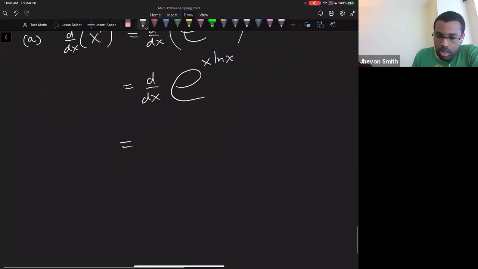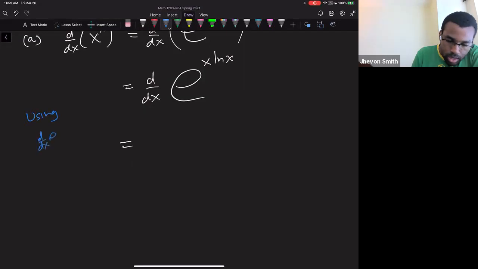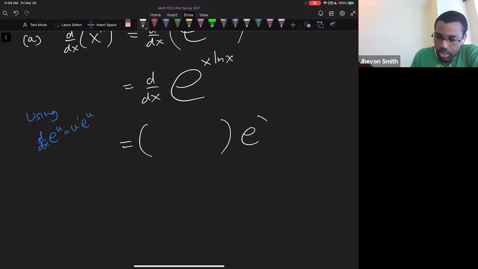And now differentiating e to something is something that we know. So now using the derivative of e to the u is u prime e to the u. Well, this is just going to be the derivative of the power times the original function.